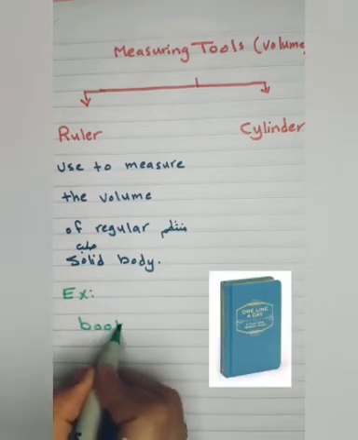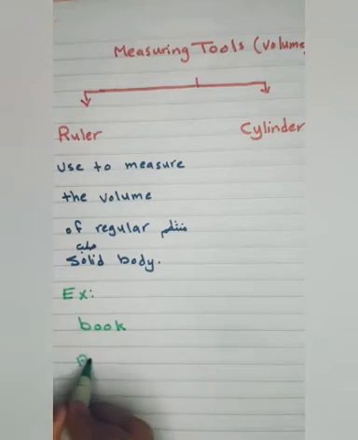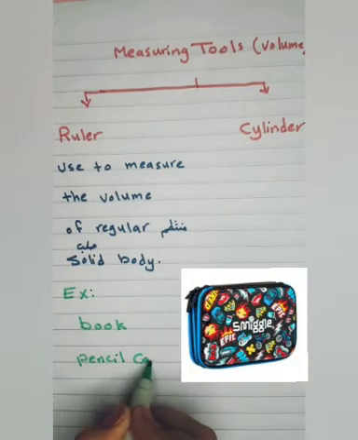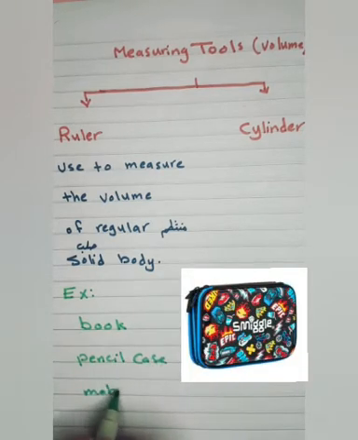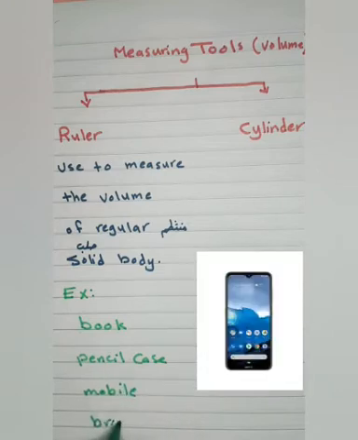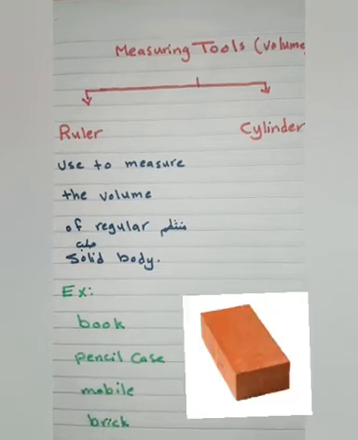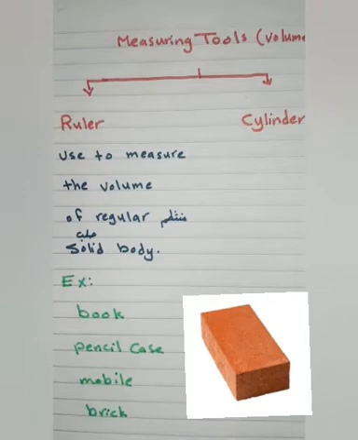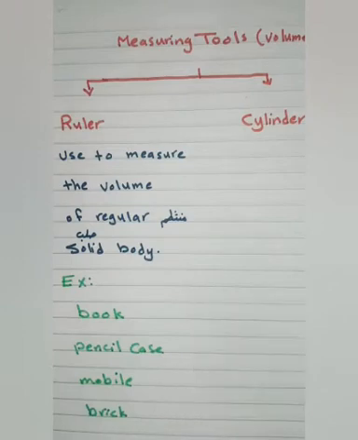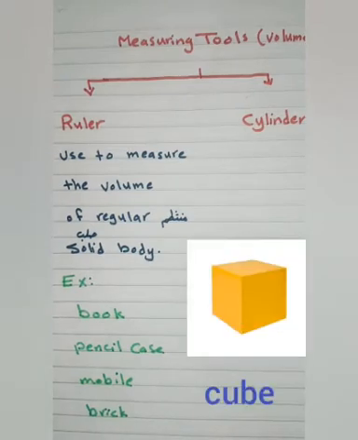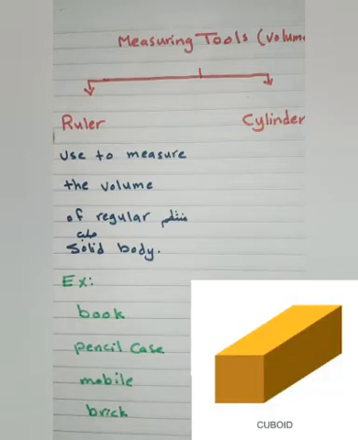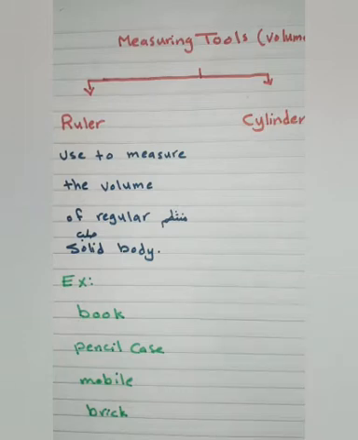Like book, notebook, pencil case, mobile, brick, قالب الطوب, and so on. All these examples are considered as regular solid bodies. But the question now, how can we use the ruler to measure the volume of a regular solid body?